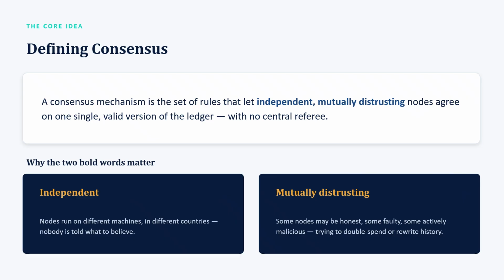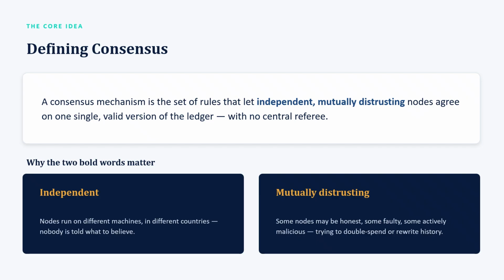Next, we are going to see the definition of consensus. A consensus mechanism is the set of rules a blockchain network uses so that independent, mutually distrusting computers called nodes can agree on one single valid version of the ledger without needing a central referee.